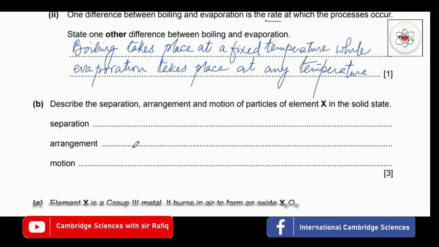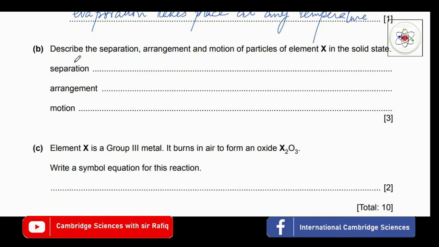Right. Moving on, B part of this question. Describe the separation, arrangement, and motion of particles of element X in solid state. As we know, in solid state the particles are closely or tightly packed in layers. And as they are closely packed, they cannot move around, they only vibrate about their mean position, right?